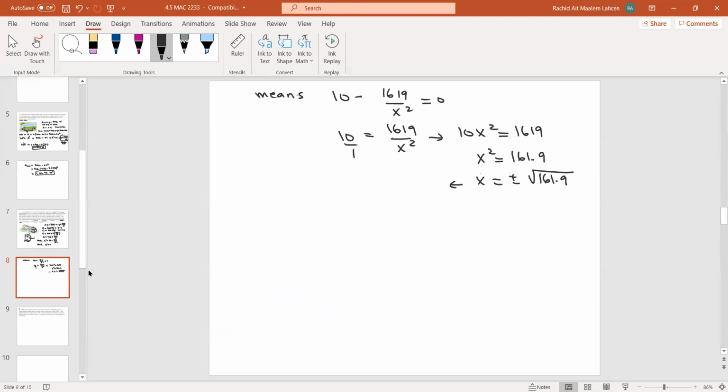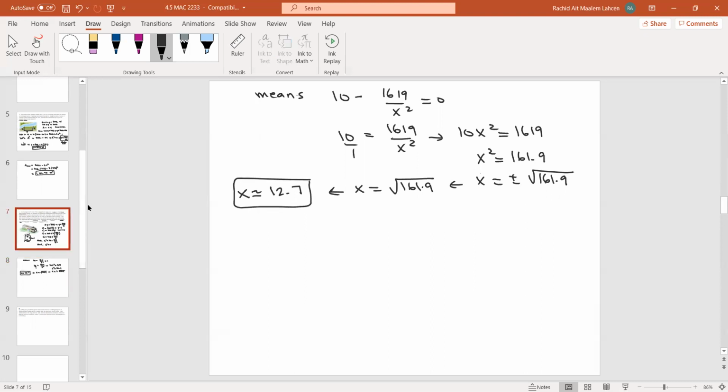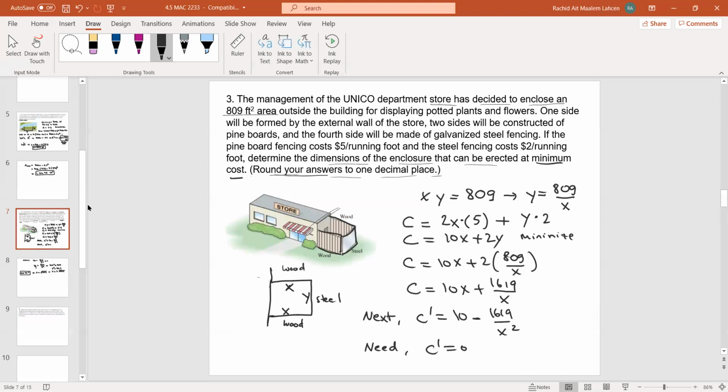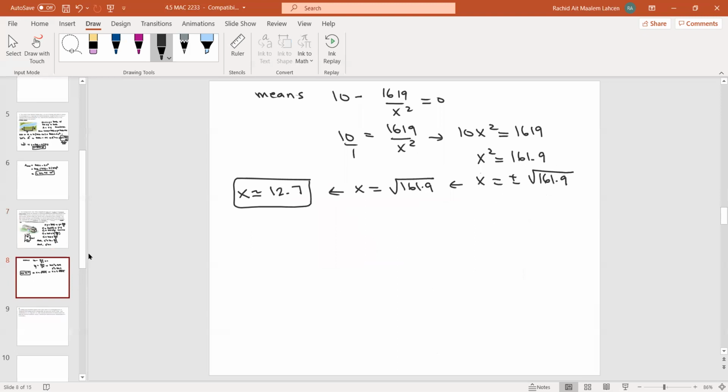But remember the restrictions: x is a dimension, it cannot be negative, so x is going to be taken as the square root of 161.8, which gives x as a decimal. Here the instructions say to round your answer to 1 decimal. So that's the rounding there.